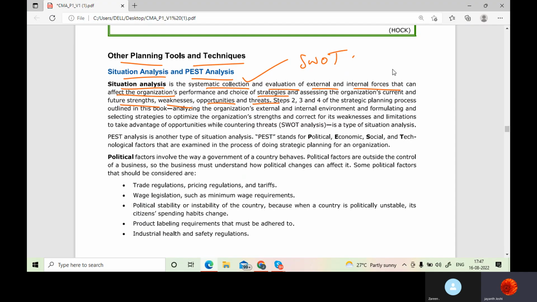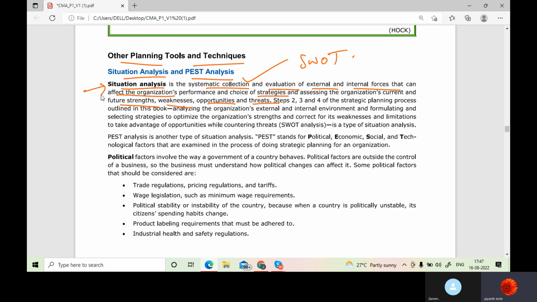So when you want to see what kind of situations your organization can face, and how those situations are going to impact the organization, then you have to do the situation analysis.